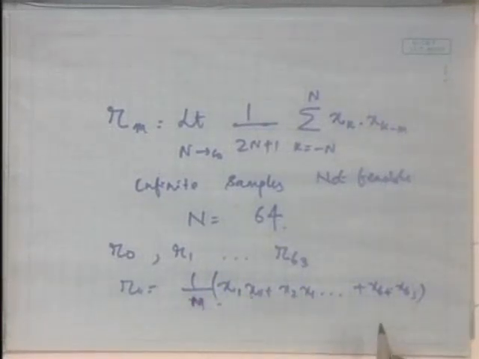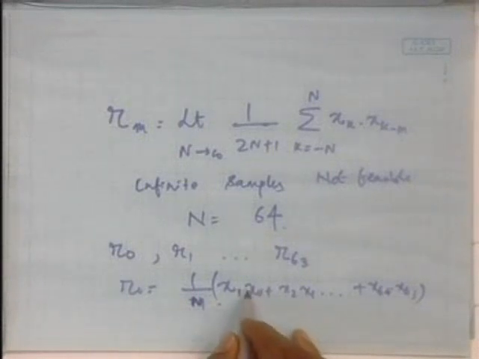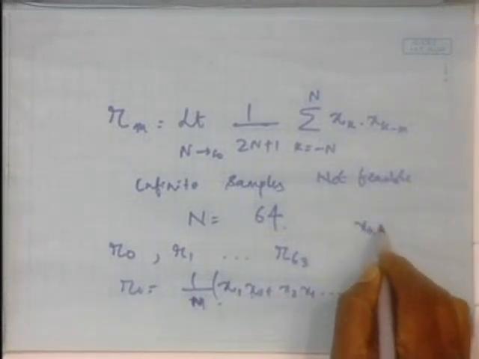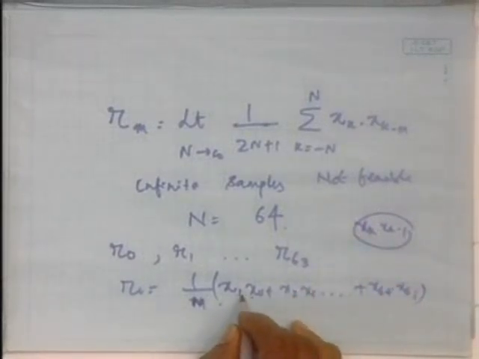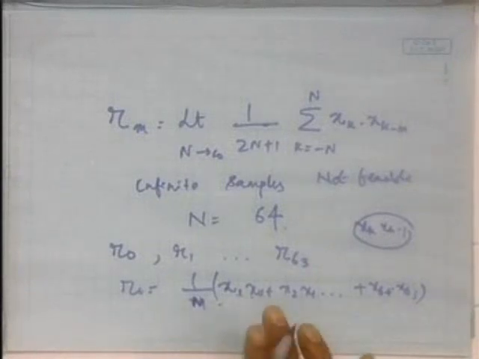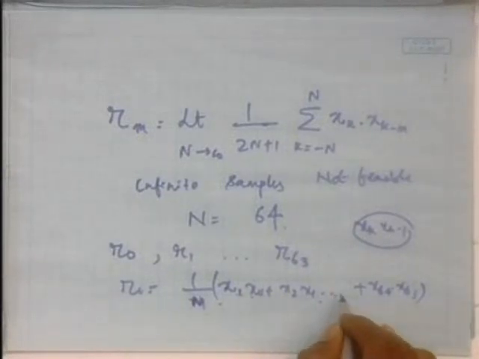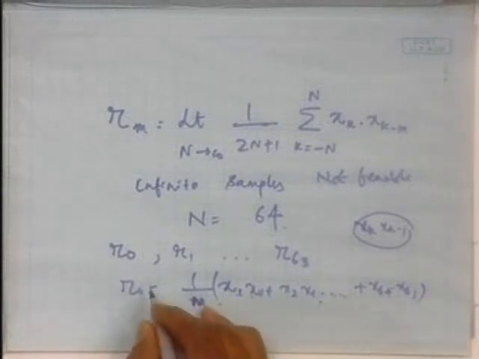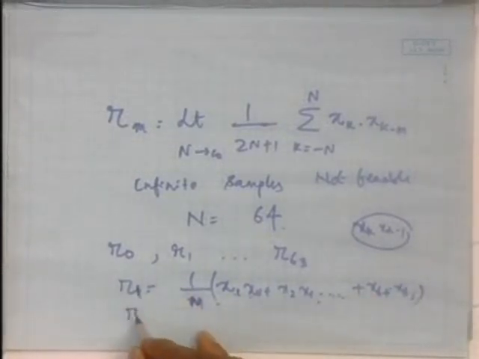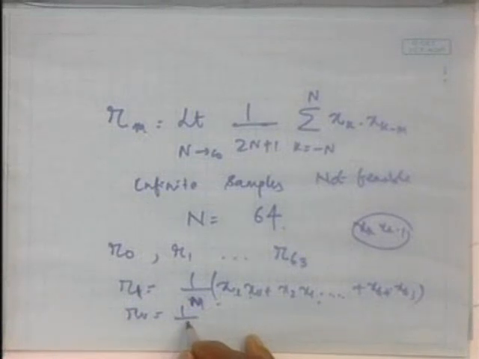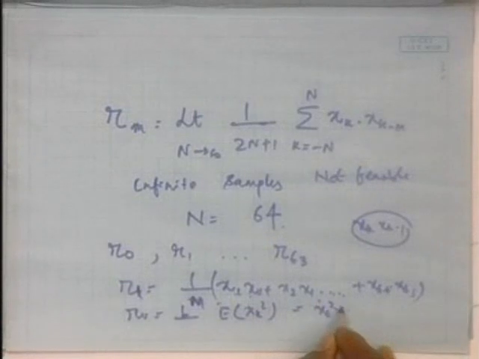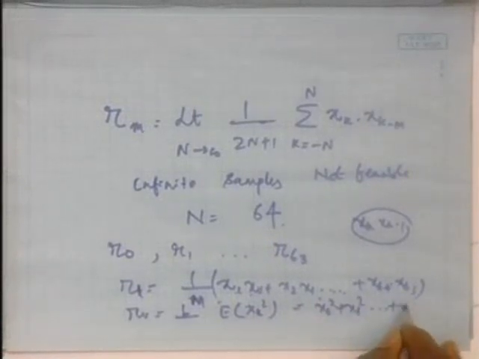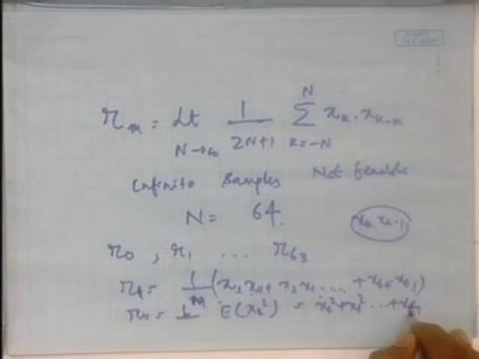It is the expected value of xk into xk minus 1, so x1 into x0, then x2 into x1, then x3 into x2, like that. Then R0 is the expected value of xk square, that is, x0 square plus x1 square up to x64 square, divided by 64. So that is the expected value.